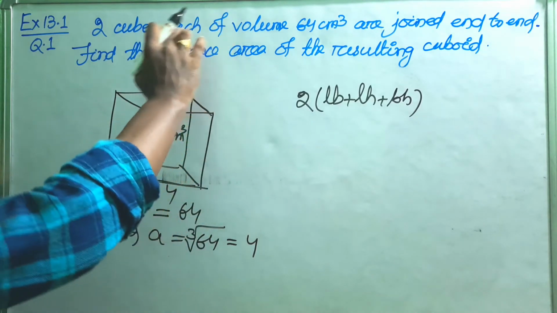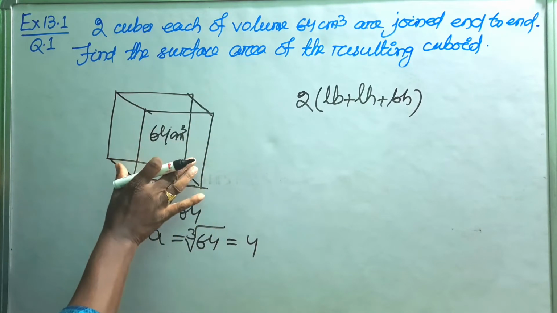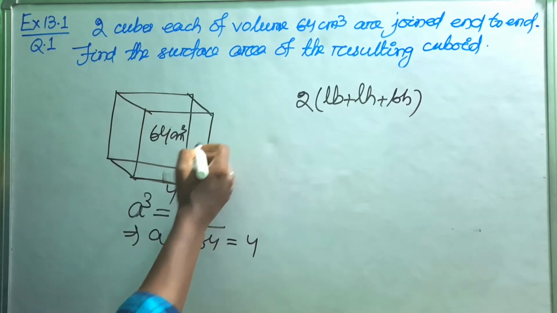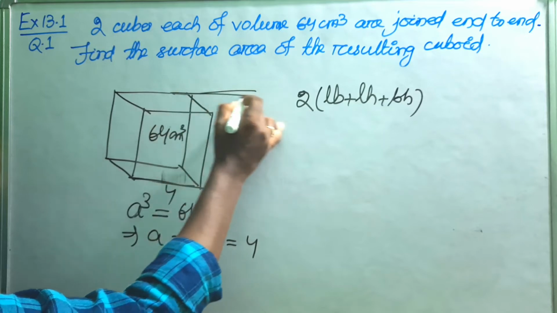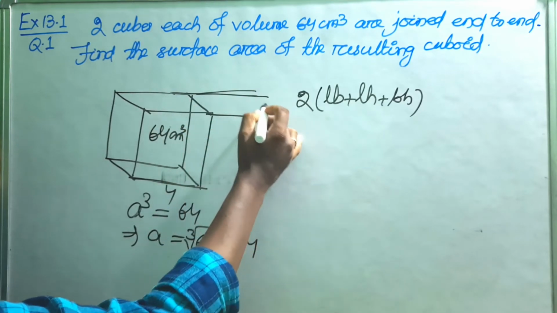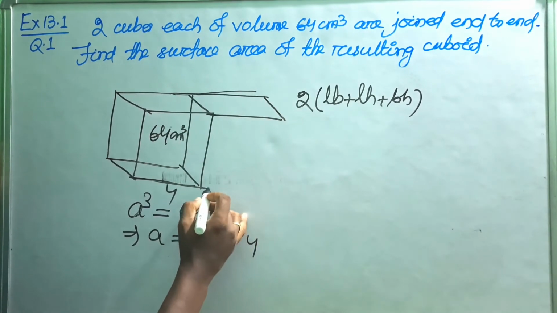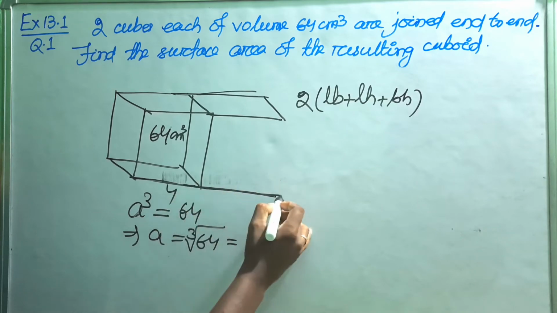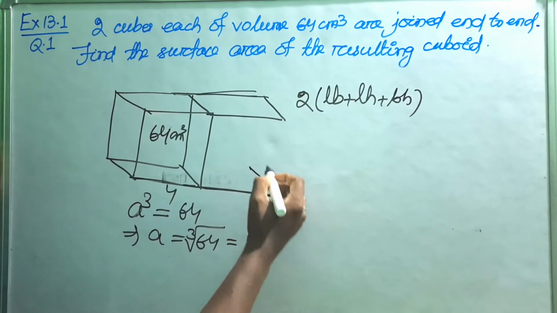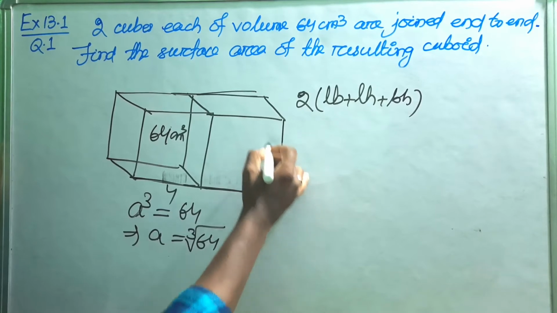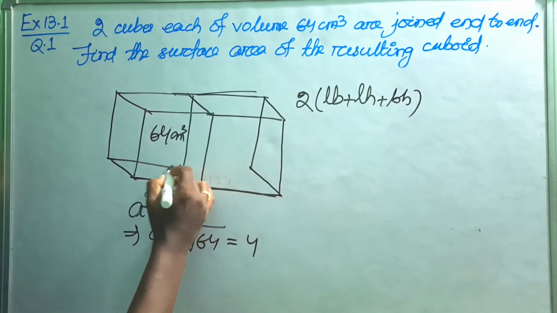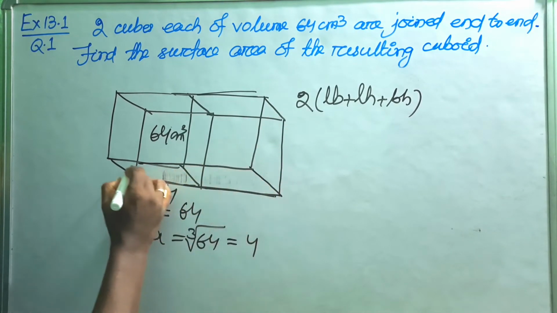Since there are two cubes, this is one cube. If we join another cube with it, how will it look? Now look here.